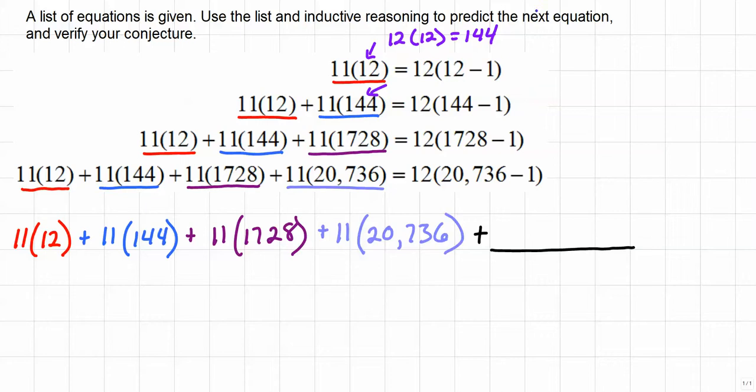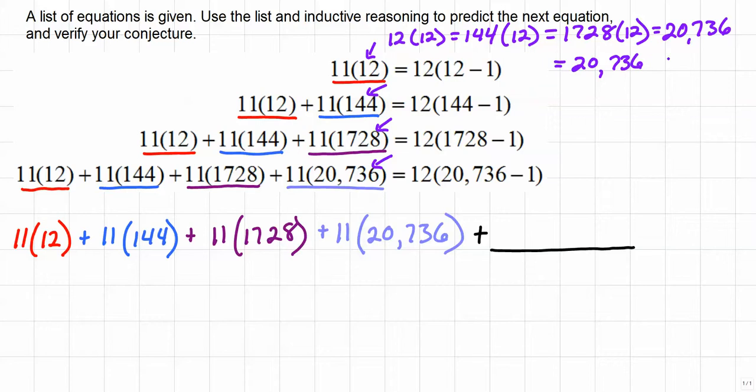And then if you take 144 and multiply it by 12, that will be equal to 1728, which occurs right here. And if you multiply that by 12 again, you will get this next term of 20,736.